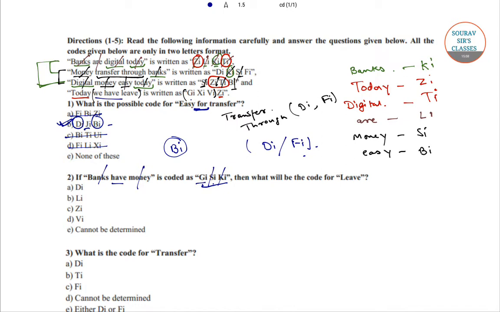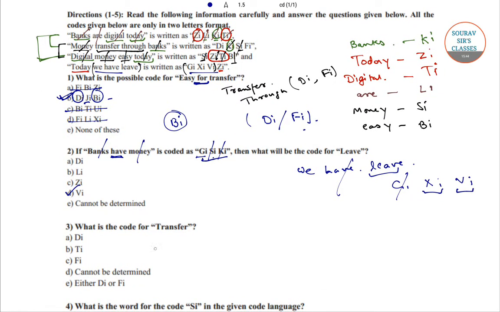Now if we consider where we have leave coded as GI, XI, VI, from here we have that have is coded as GI, so GI got cut, so leave would be either XI or VI. Now here in the options we do not have XI, so the correct answer would be VI.